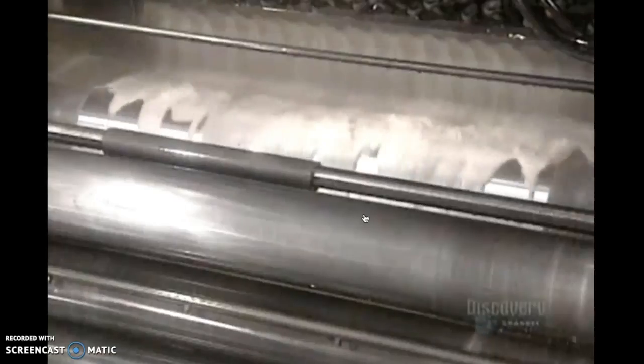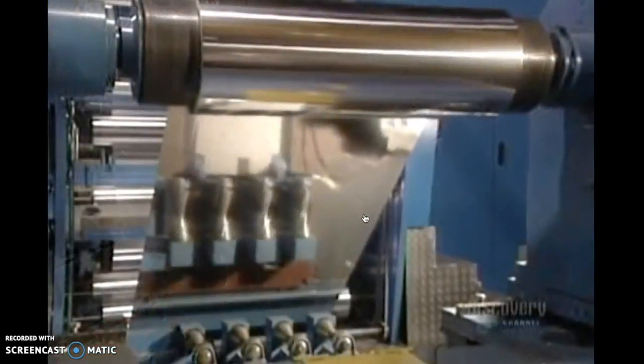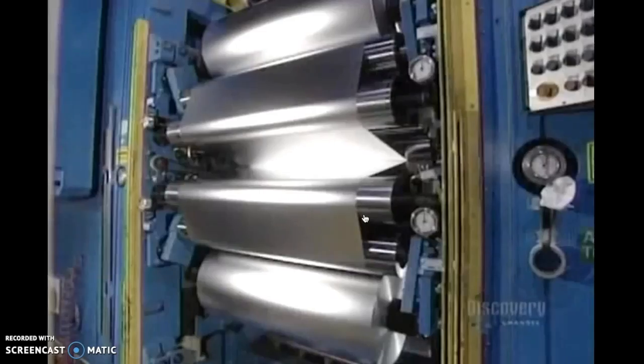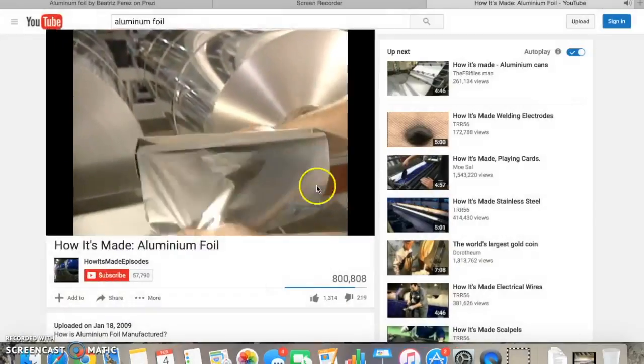A liquid coolant is used to prevent the foil from sticking to the rollers. Since the edges of the foil sheet are lightly damaged and crinkled, a knife removes a 1 centimeter thin strip. Finally, the roll is cut to the desired width, and one huge ingot has produced foil measuring 12.7 kilometers in length.